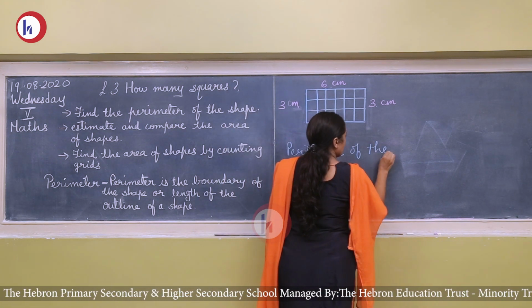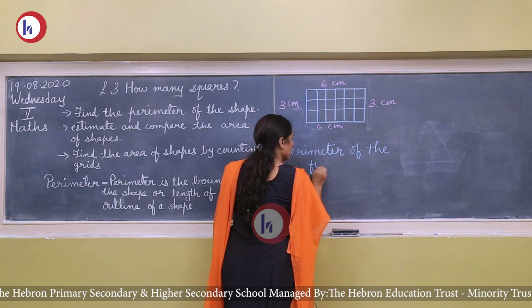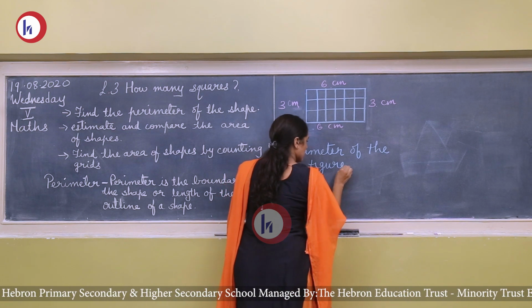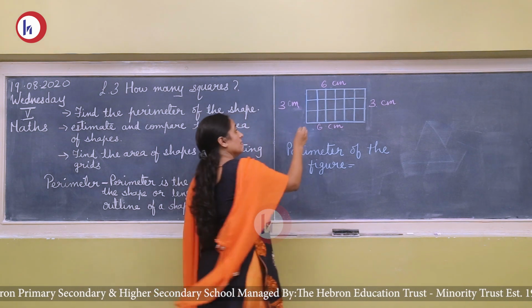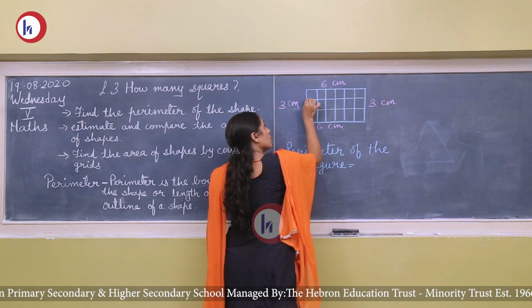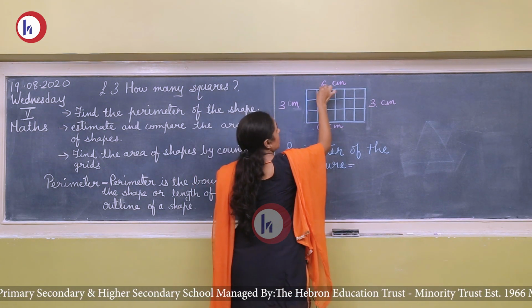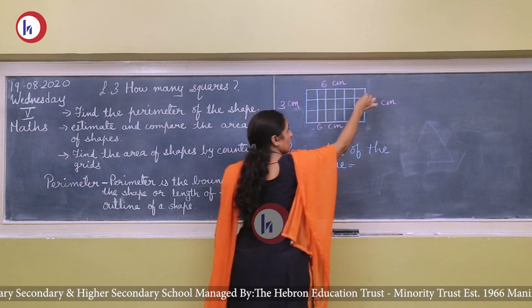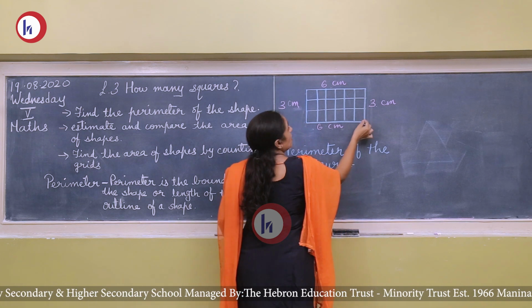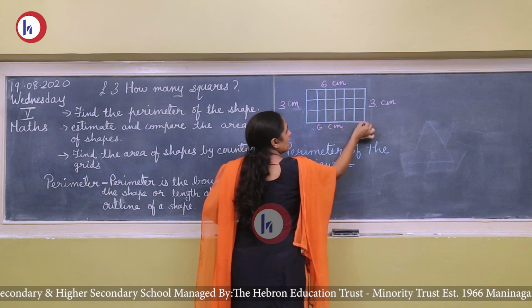of the given figure. Otherwise, perimeter of the figure equal to, see, boundary. This means 1, 2 and 3. 1, 2, 3, 4, 5, 6. That means 6 centimeter. 1, 2 and 3. So outline of the boundary that we have to count.